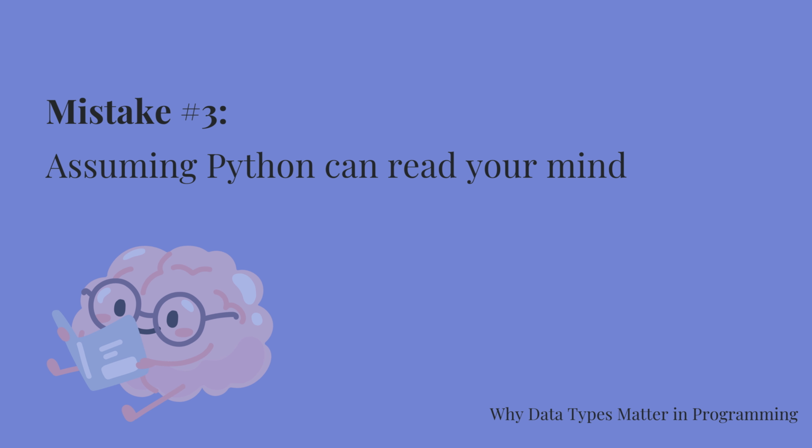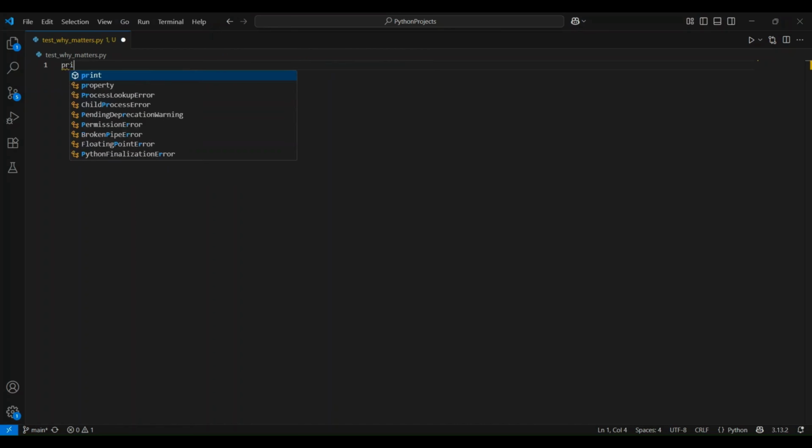So for our next example, we'll call this assuming Python can read your mind. It makes me think of the Rasputina song, Diamond Ring, where she says, all I expect from you is to read my mind. So we're going to type price.